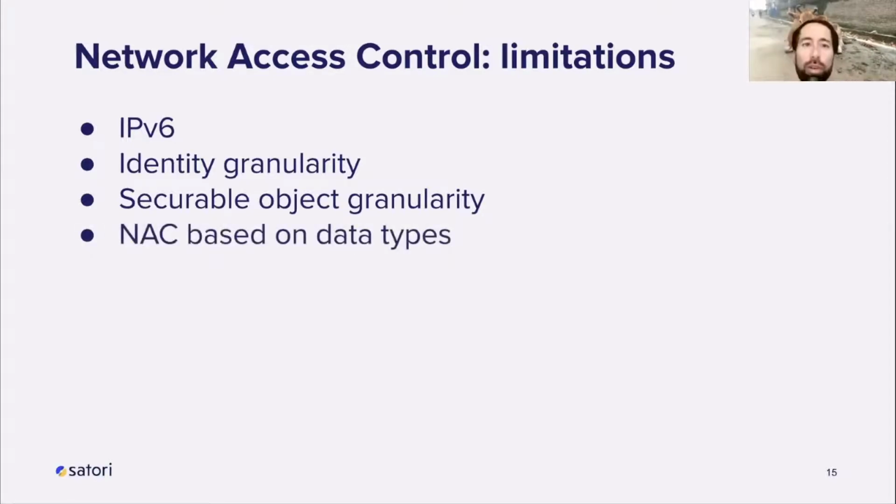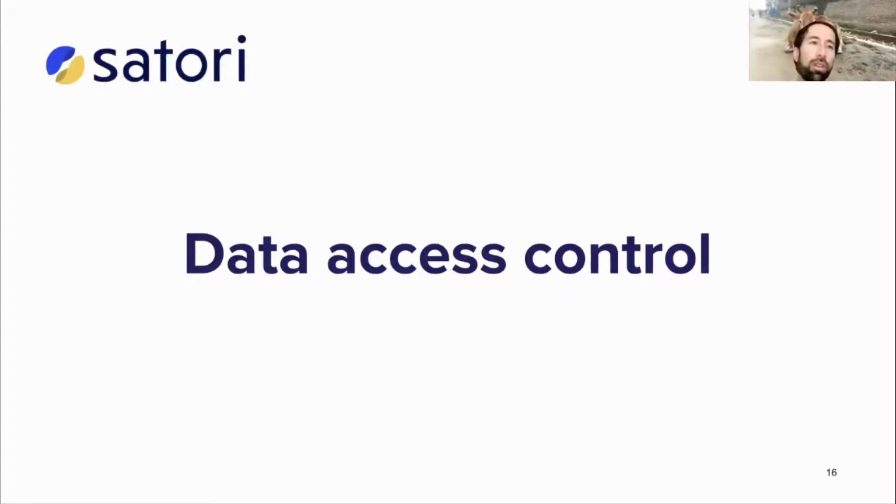And also you can't do network access control based on data types. For example, you can access information from any network or from a specific network, but to access PII, personal identifiable information, you can only do that from certain IP addresses. So those are some of the limitations.